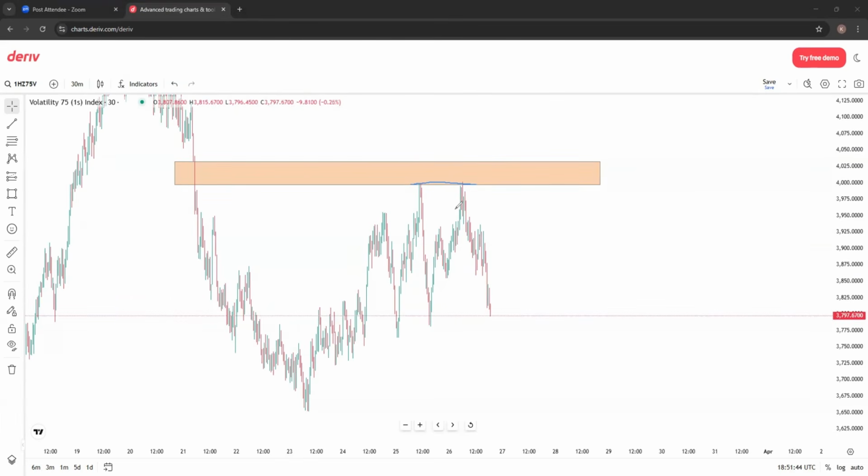The weak part of it. Maybe the equal highs are equal because of the candle bodies.